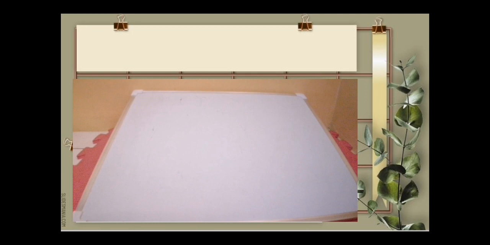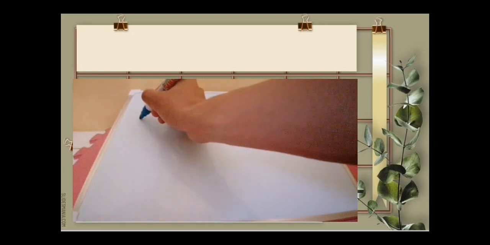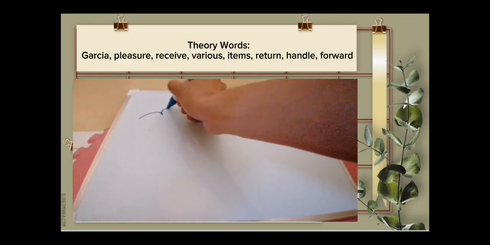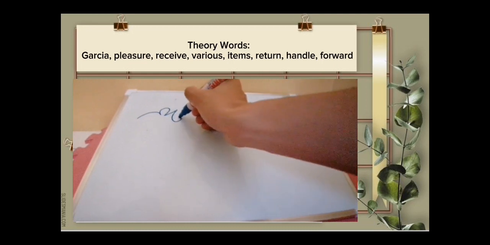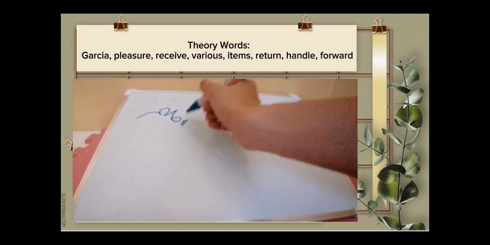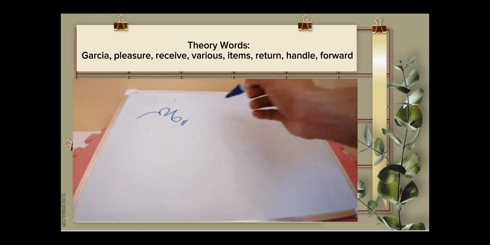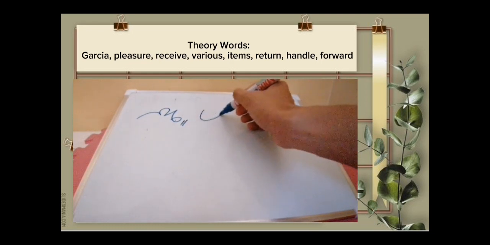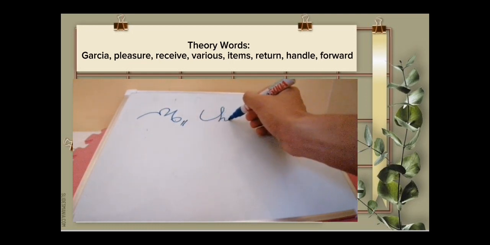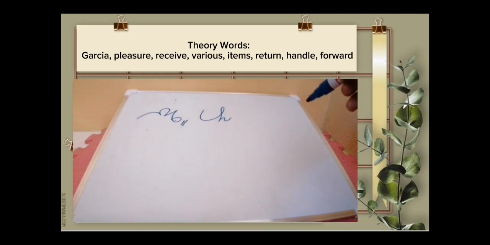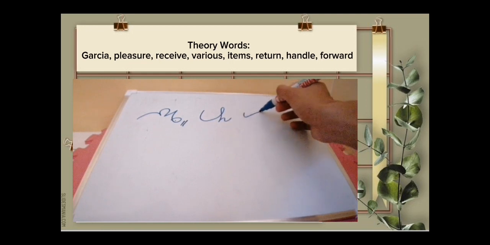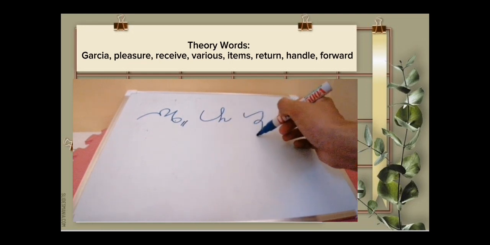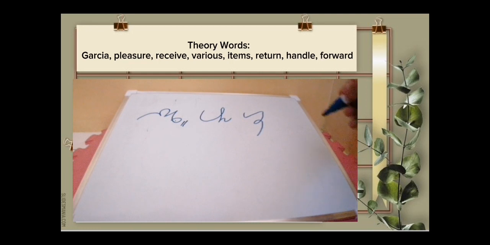So in lesson 42, we have the theory words. First theory word, we have Garcia. Next word, we have pleasure. Next word, we have perceive. Next word, we have various.